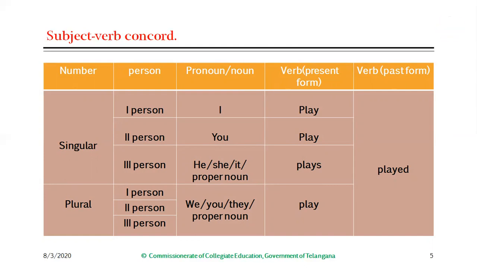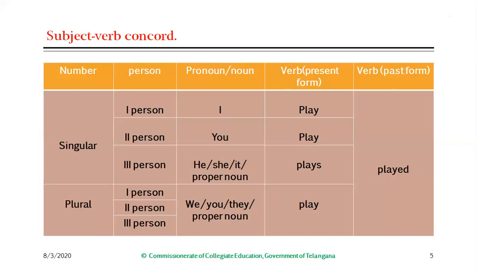But in case of the third person singulars, he, she, it, or any proper noun are called third person singulars. He plays cricket. He plays. S or es is added to the verb whenever the subject is the third person singular.